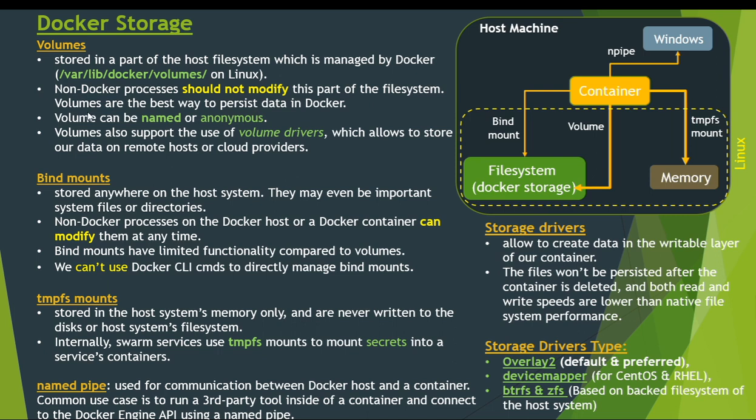So volumes are the best way to persist data in Docker. As I told, it has higher performance and is the best way to persist our data in Docker for the containers. A volume can be named or anonymous. If we do not provide any name to a volume, it will generate an anonymous, random name which will be unique for all the volumes.